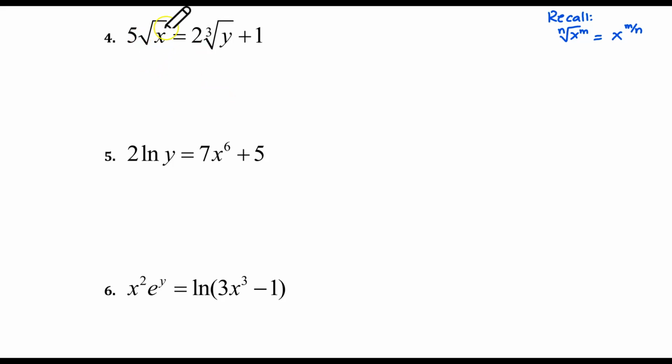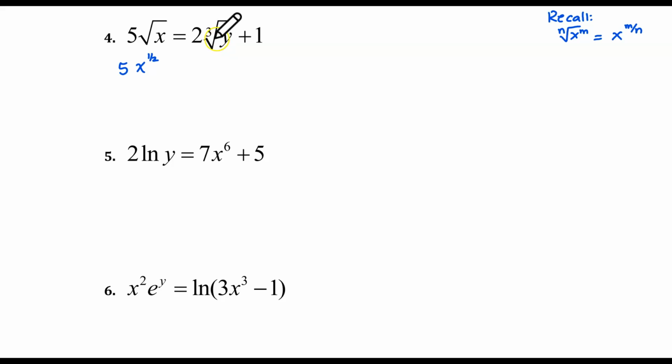So that means this square root of x here will be written as, so copy 5 first, x to the 1/2. So if you don't see anything on the index, that means the index is 2. And the exponent here, if you don't see anything, is 1. So therefore, square root of x is x to the 1/2.